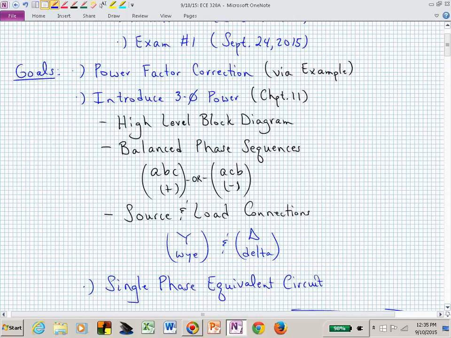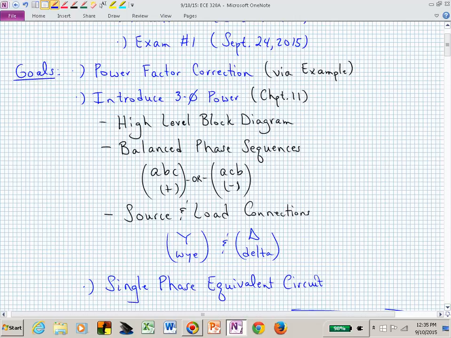And your loads could be configured as Ys or deltas, and obviously then you have all sorts of combinations, not that many, 4 different combination possibilities in terms of how you connect sources and loads if they are interconnected themselves in one of these two ways.